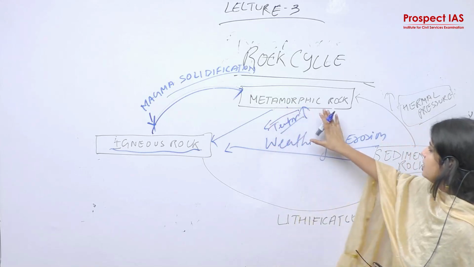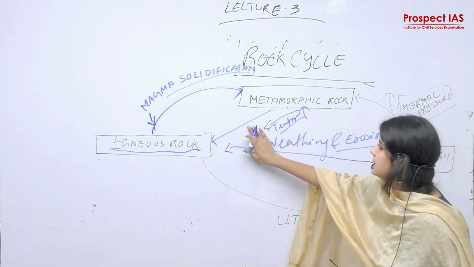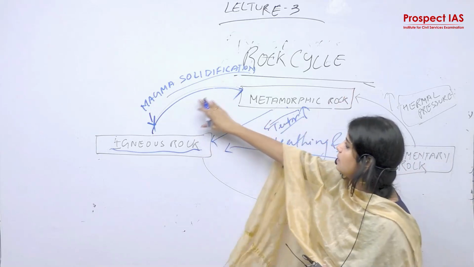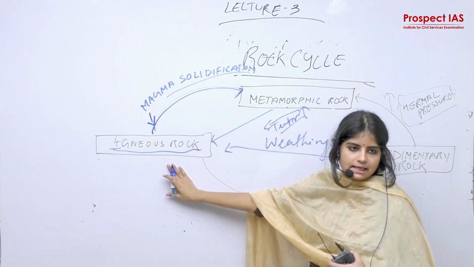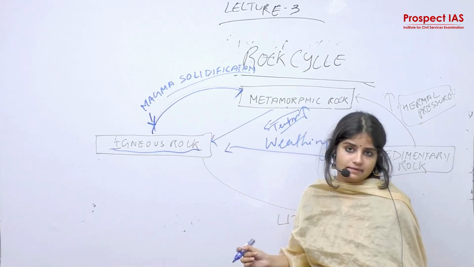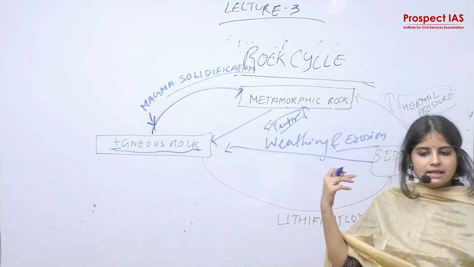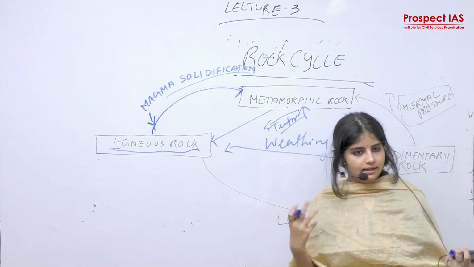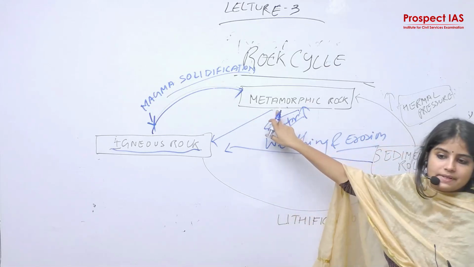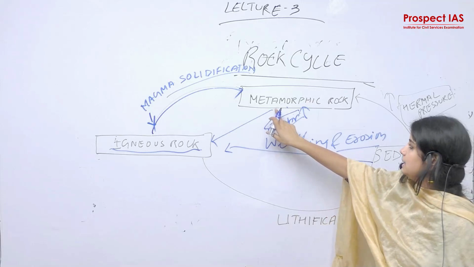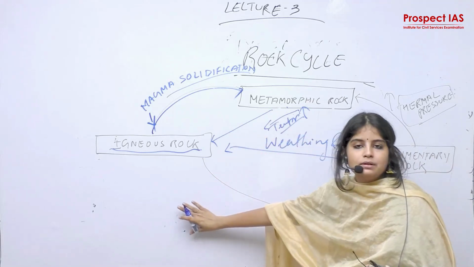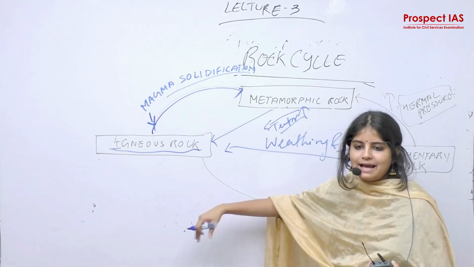Let's say metamorphic rock is converted from igneous if we shoot up the temperature, or the temperature is cooled down. Like if a volcanic eruption happened, magma came out of the surface and then it solidified itself. How did it solidify? When it came into contact with air and temperature. Again, suppose an earthquake or any natural calamity happens, this metamorphic rock again goes down within the earth. It has no air, it has high temperature.